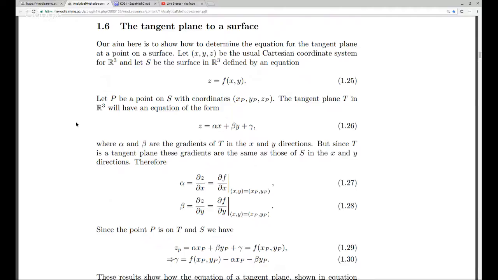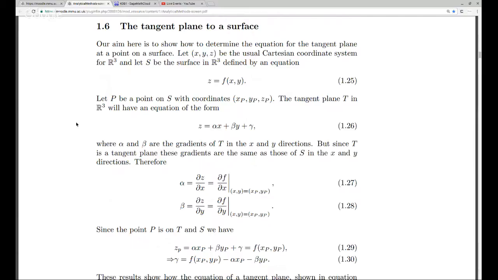If you've got the point P on a plane, well, the plane can be oriented in any number of ways and still go through the point P. So the question is, what kind of orientation does the plane have? Well, if it's the tangent plane to the surface, the orientation of the plane should be such that the gradient of the plane in the x direction, or the gradient of the plane in the y direction, matches that of the surface of the function.